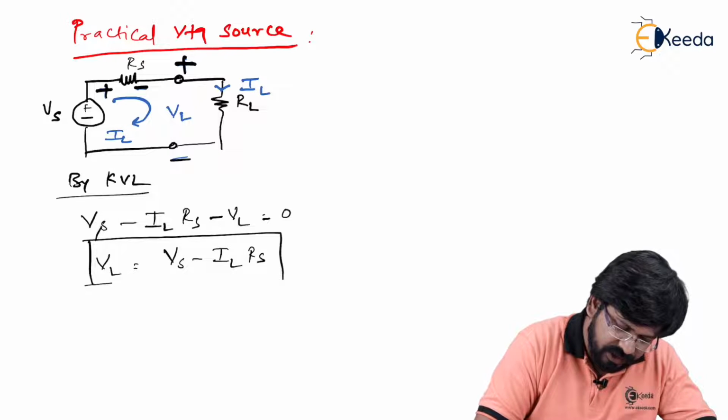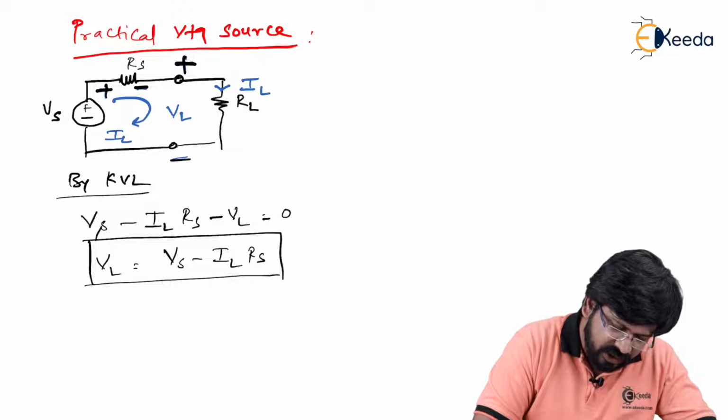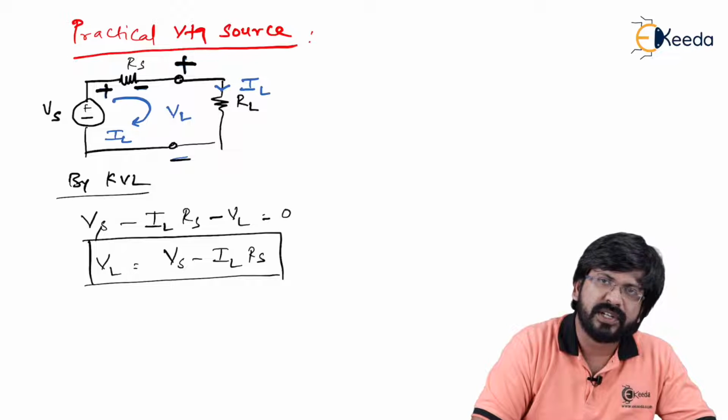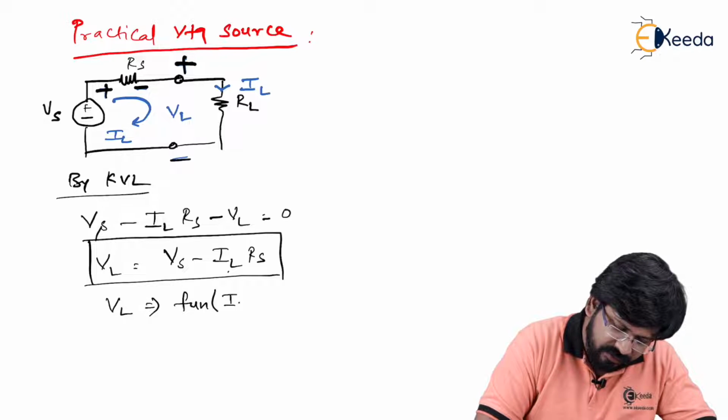So this is my final equation. As you can see, VL, that is the load voltage, depends on IL, which is the load current. In fact, VL is a function of IL.